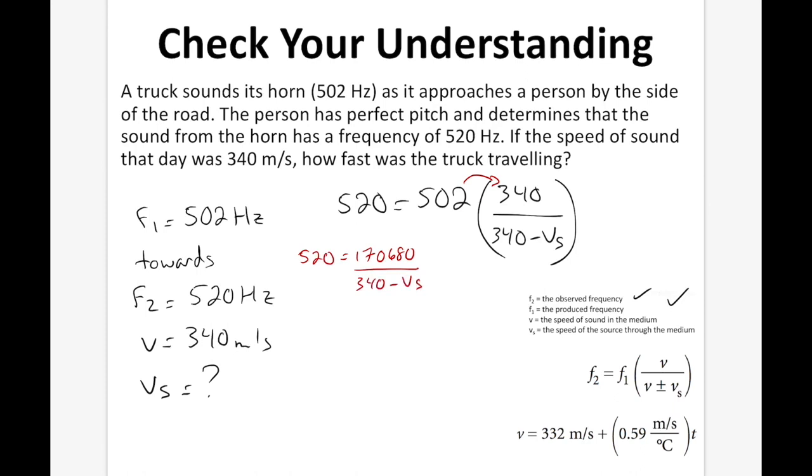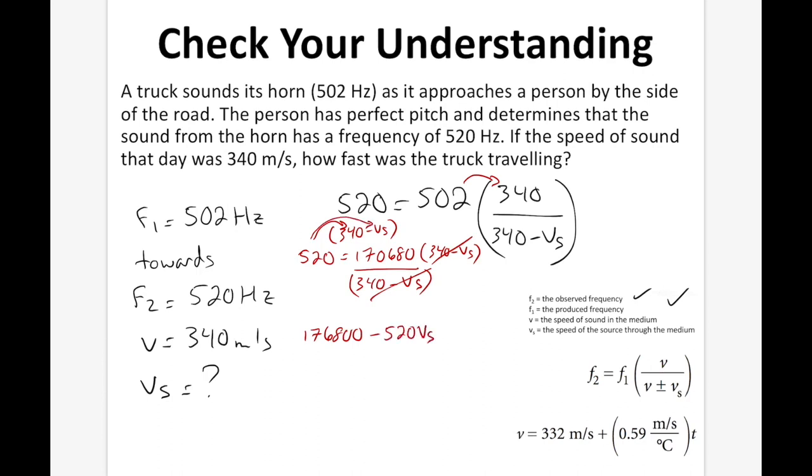So now we need to get Vs on its own. What we're going to do is multiply both sides of the equation by 340 minus Vs. That's going to cancel it out on the right-hand side, and we'll be left with 340 minus Vs times 520 on the left-hand side. So 520 times 340 is going to equal 176,800. And then 520 times Vs is simply going to be minus 520 Vs, because we have a minus in front.